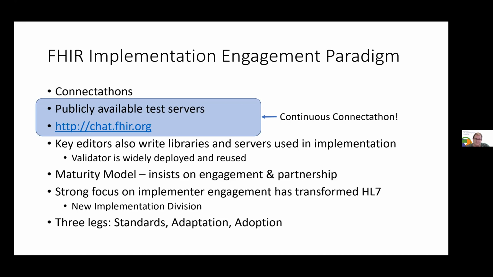Another key thing that I did was we introduced a maturity model. So every artifact that we publish has a published, actually not everything has a published, but we're working towards that, a published maturity level that reflects the degree of engagement and partnership that we've had with our implementation community.